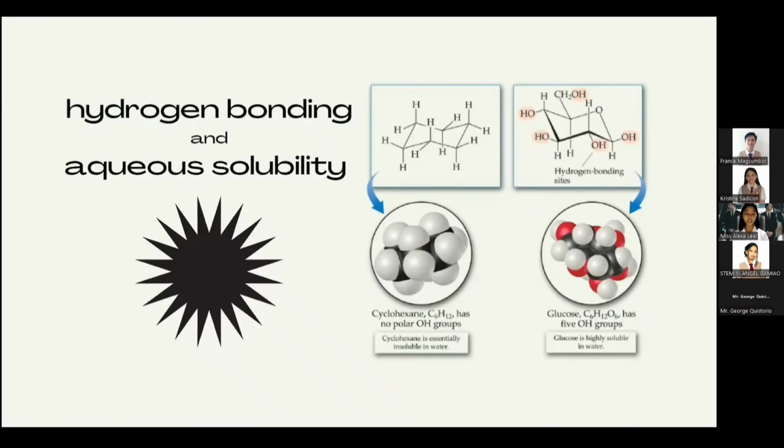So the water-cyclohexane interactions are not as energetically favorable as the interactions that already exist among polar water molecules, or glucose is polar and cyclohexane is nonpolar. Polar solutes are generally soluble in polar solvents such as water, and nonpolar solutes such as cyclohexane are not soluble in the polar solvent.